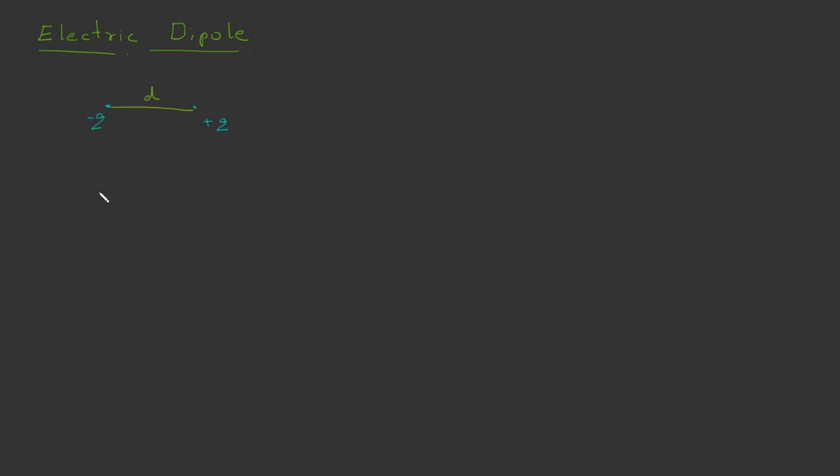We are going to study more about electric dipole. First, we are going to study about electric dipole moment. Electric dipole moment is a vector quantity used to measure the strength of an electric dipole.